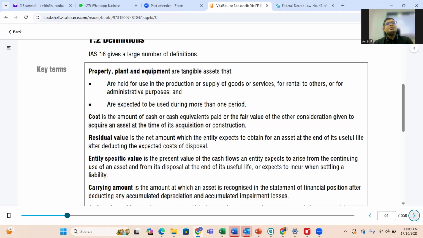So the present value of future economic benefits is the entity specific value. The entity is deriving so much value from this asset. So entity specific value is the present value of cash flows an entity expects to arise from continuing use of an asset and from disposal also. Future benefits include value at the time of disposal at the end of the useful life, or what it expects to incur when settling a liability. So that is that.